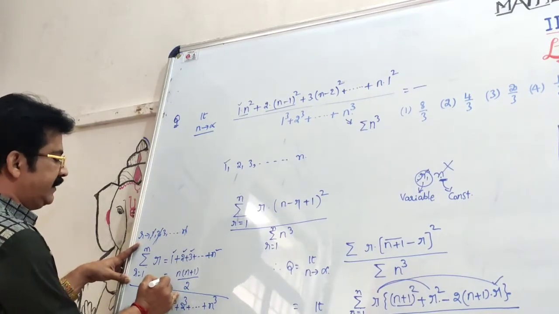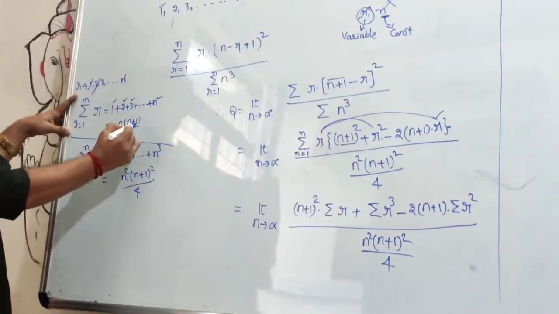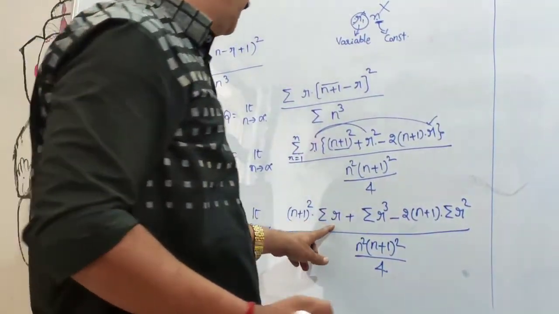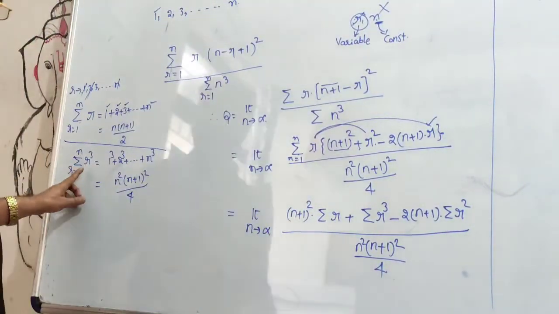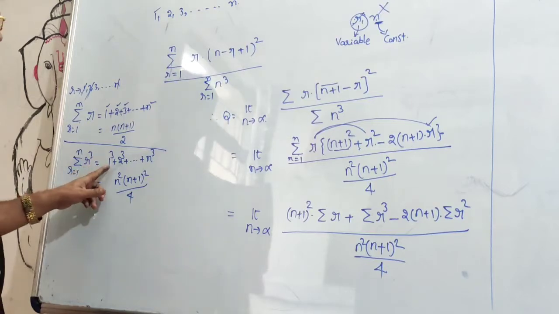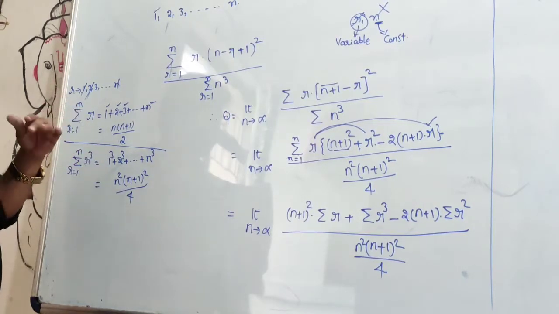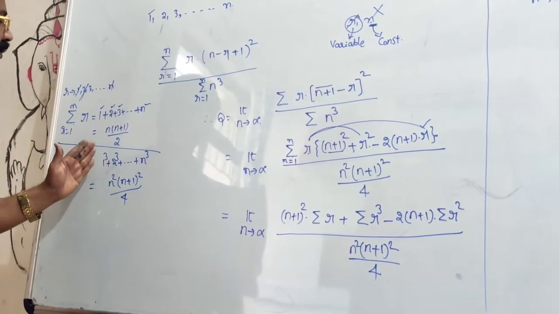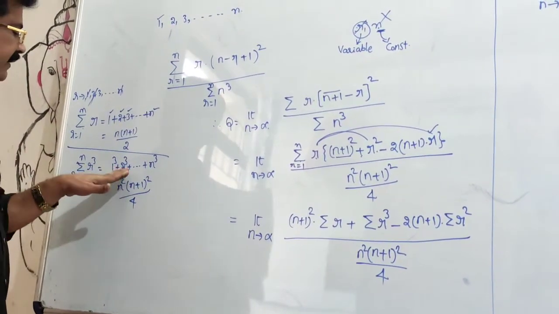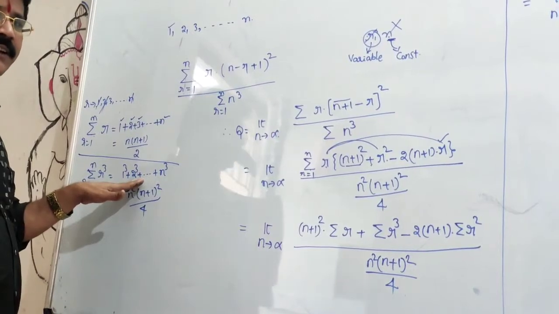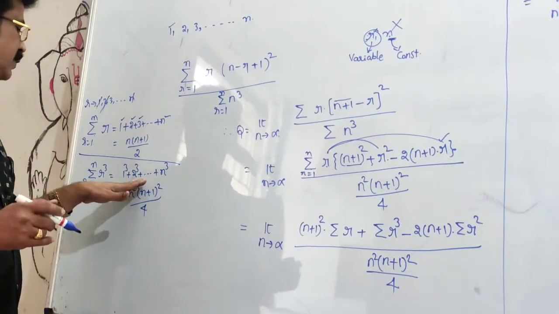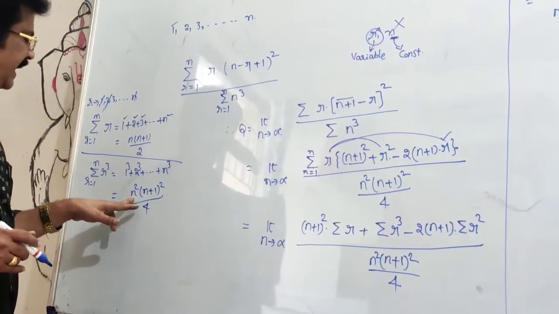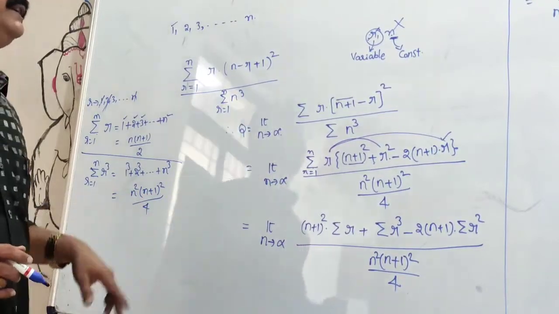So it is nothing but n into (n plus 1) by 2. Similarly, sigma r cubed is the sum of cubes of natural numbers from 1 to n. So it is simply n square into (n plus 1) whole square divided by 4.